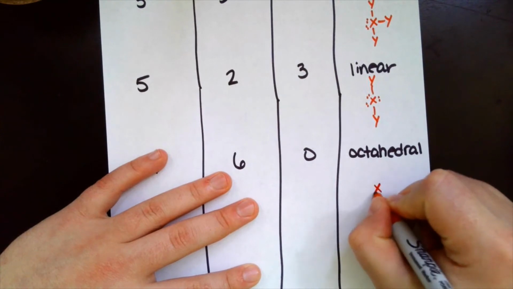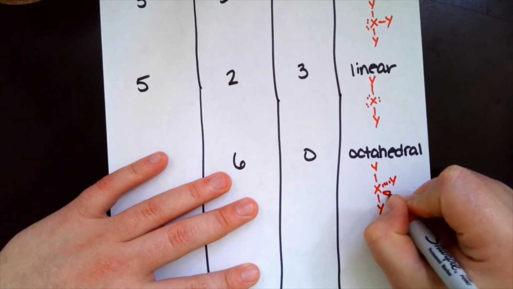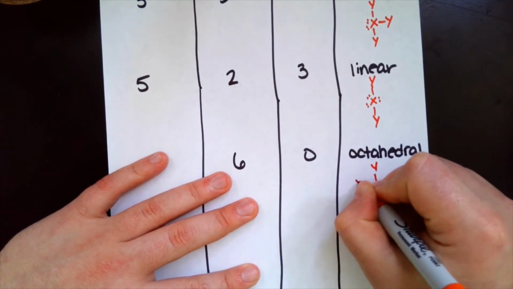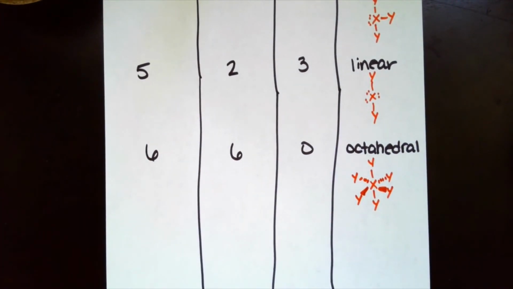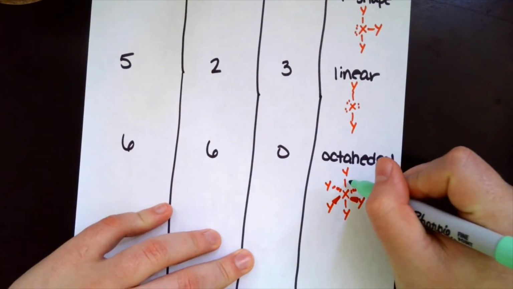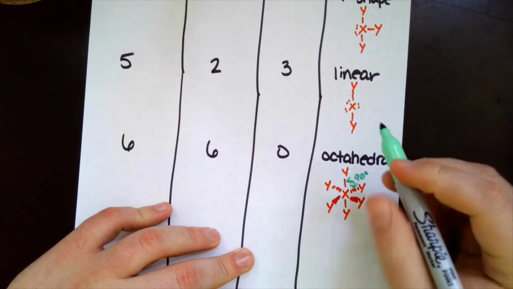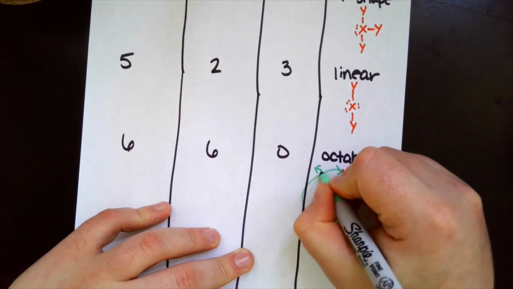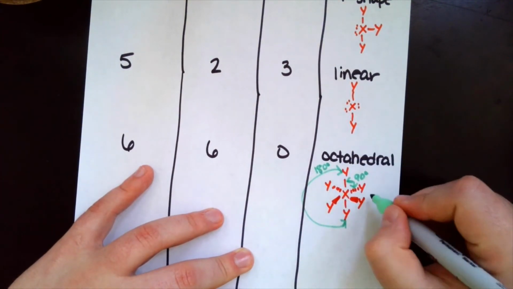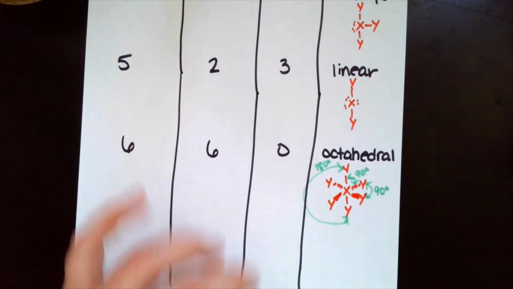So you get central atom, 1 up, 1 down, and now you've got basically 4 corners covered here in the equatorial positions. So for the bond angles, once again, between equatorial and axial, you have a 90-degree bond angle. Once again, between the 2 axial positions, you have 180 degrees. The only difference here now is that between 2 equatorial positions, you also have a 90-degree bond angle.